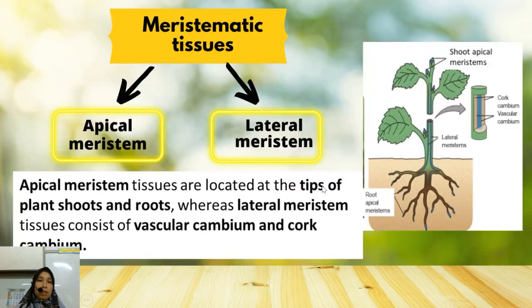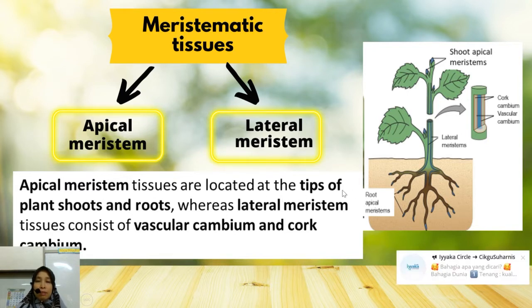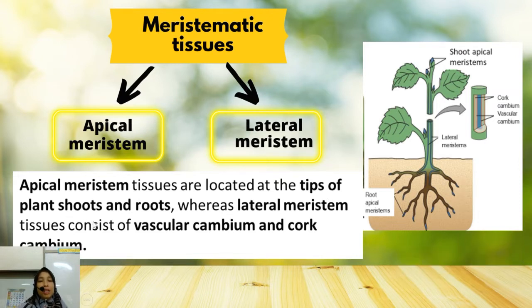Next, we go to the types of the meristematic tissue. There are two types: apical meristem and lateral meristem. Where is the location of the apical meristem? It is located at the tips of the plant shoots and roots.